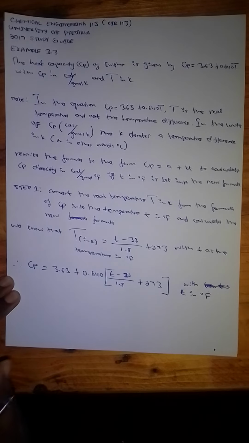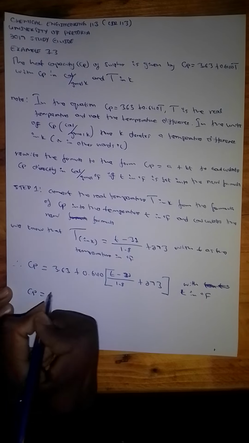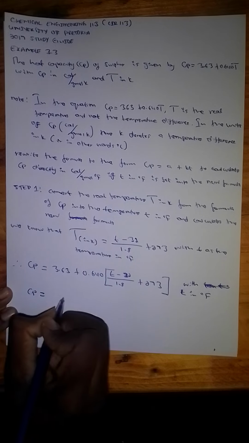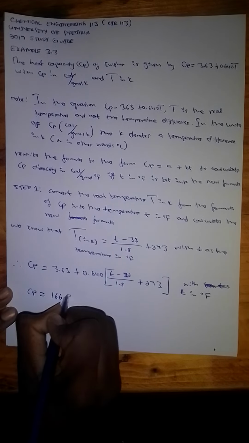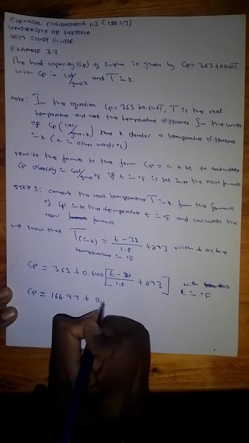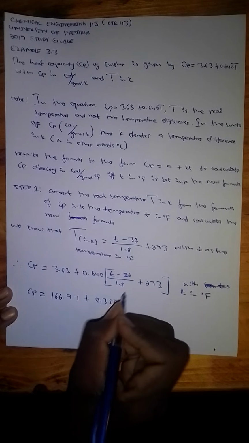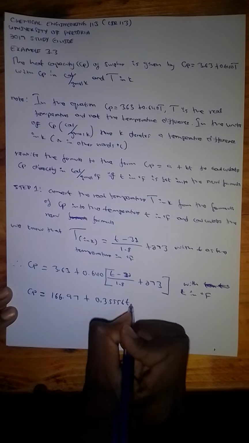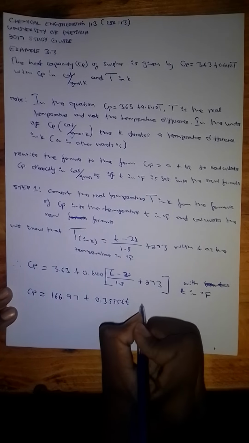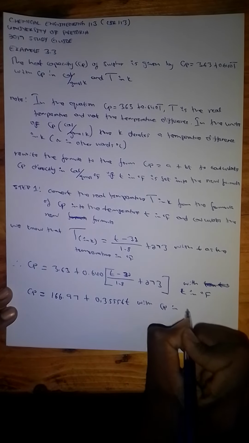This is a new equation, and it simplifies further, when you do your normal high school simplification, to 166.97 plus 0.355556t.